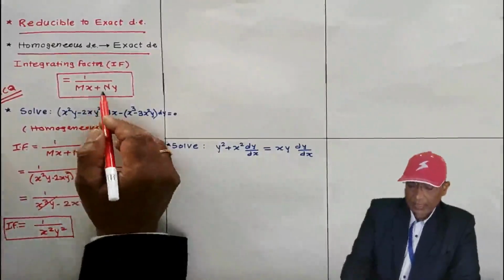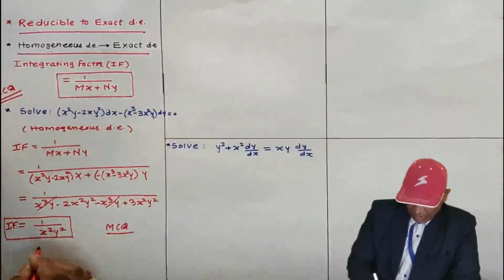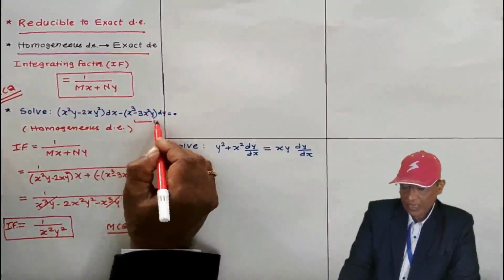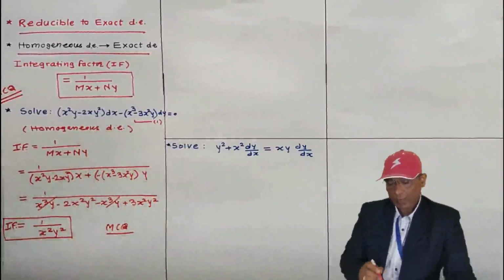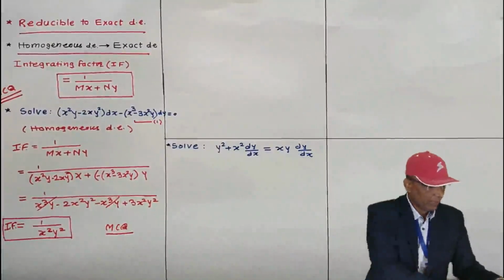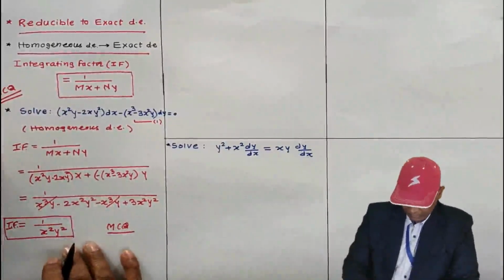Now once you get the correct integrating factor using the 1 by Mx plus Ny formula, we have to multiply this equation. I am calling this equation 1. So multiply equation 1 by the integrating factor. Do it carefully.